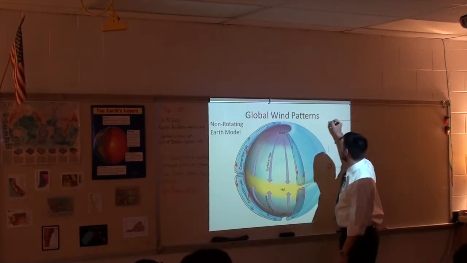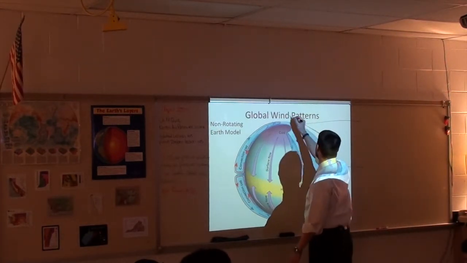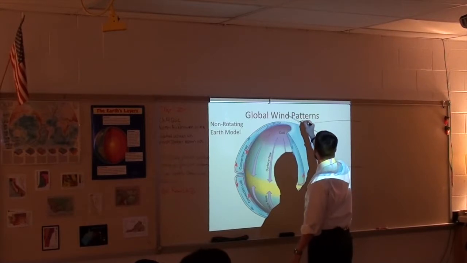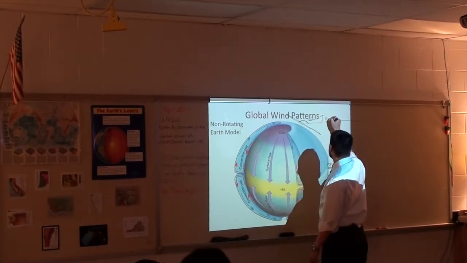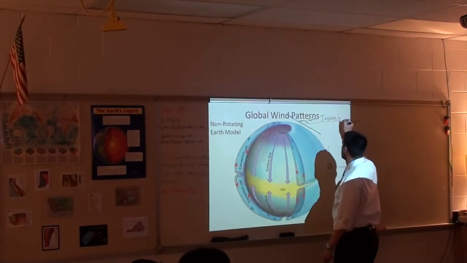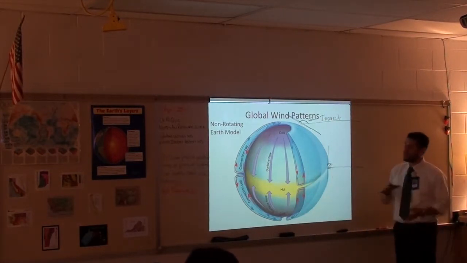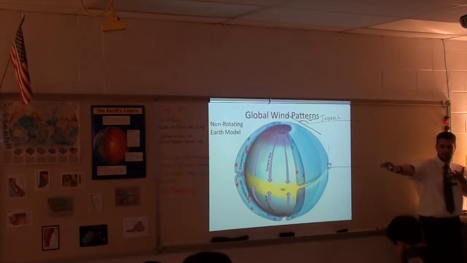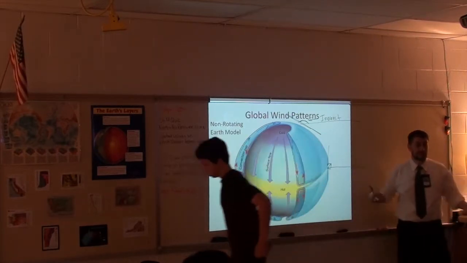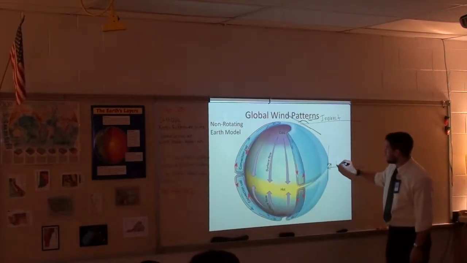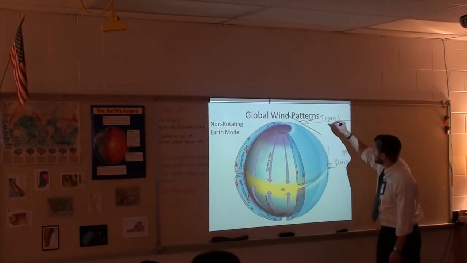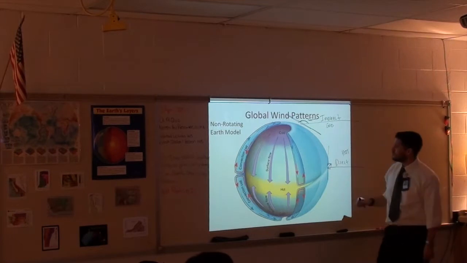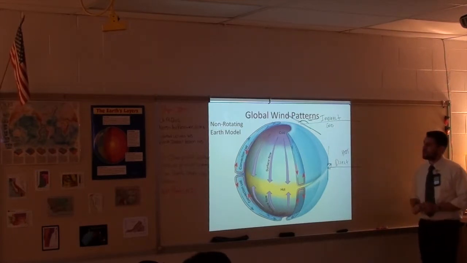The sunlight coming to the poles, the angle is much, much wider. It's indirect. So that same amount of energy is spread out, and you don't get as much energy. So direct and hot, indirect and cold would be a good way to think about that.